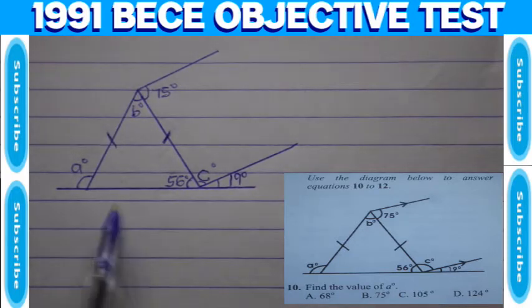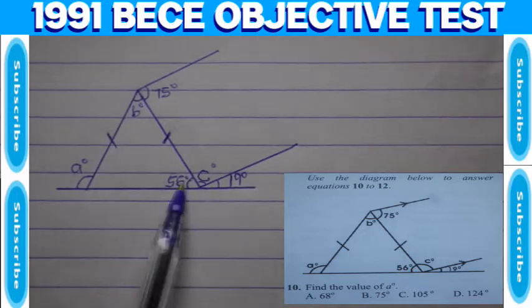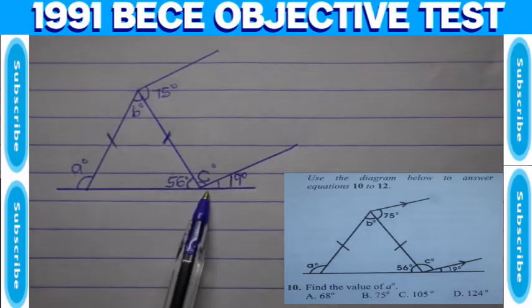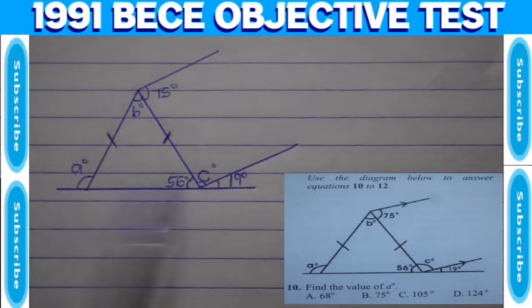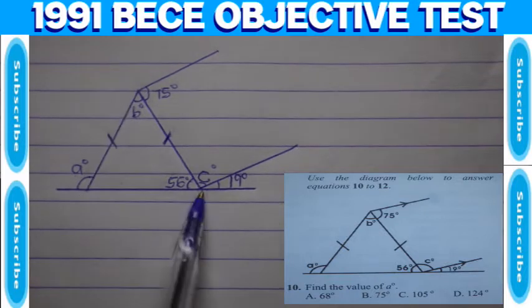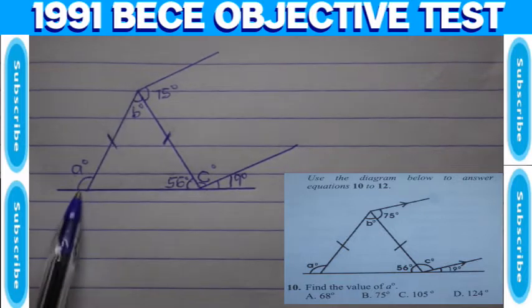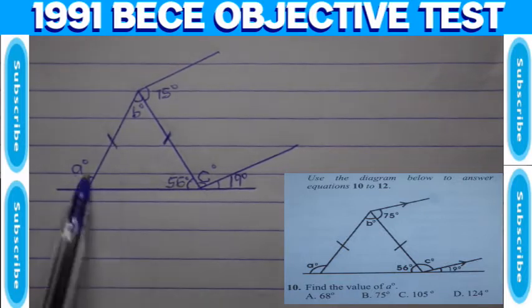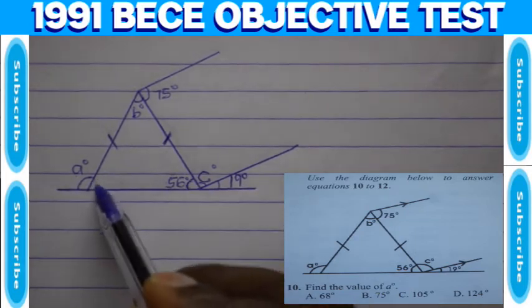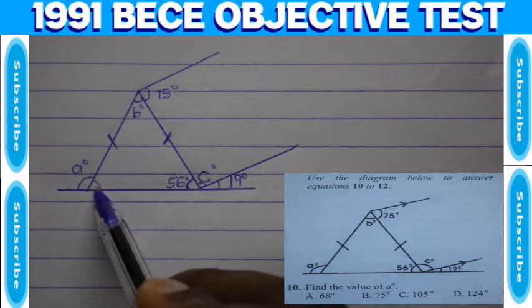When this happens, it means that the base angles of those congruent sides also have the same angles. So if this length is equal to this length, then the angle over here and the angle that will be found over here will be the same.